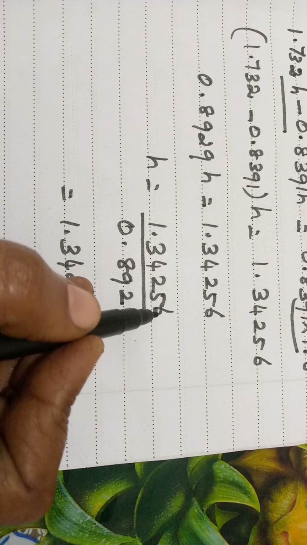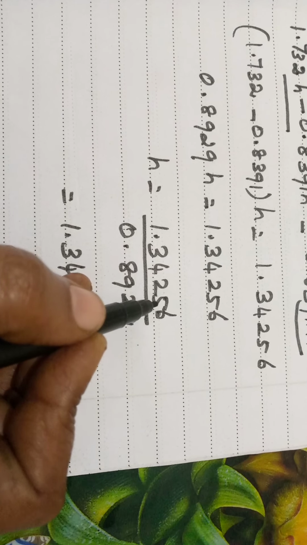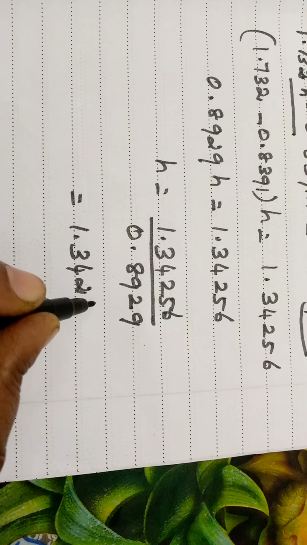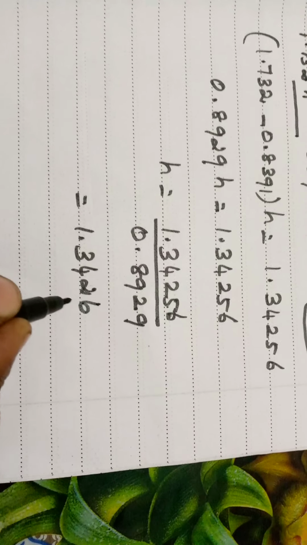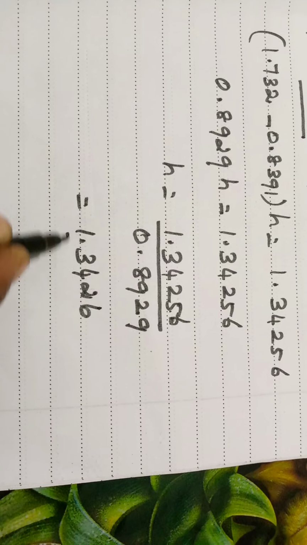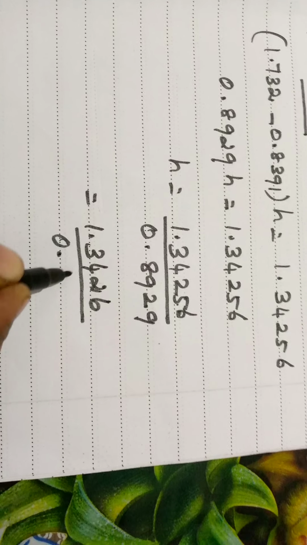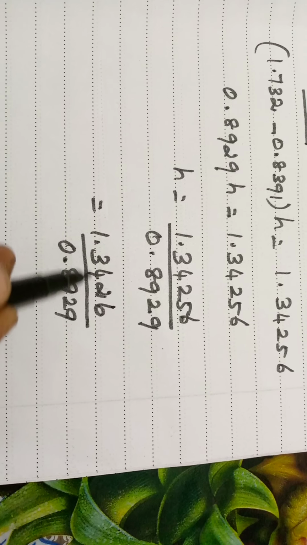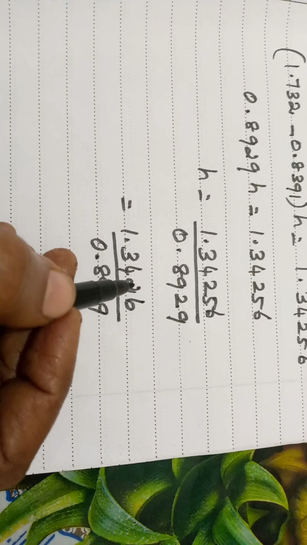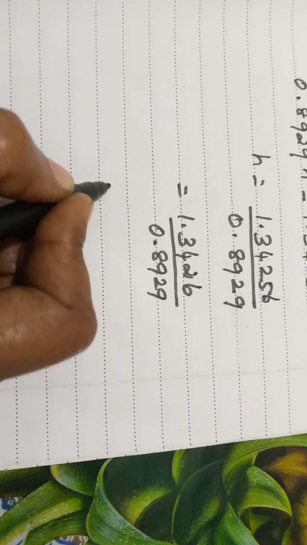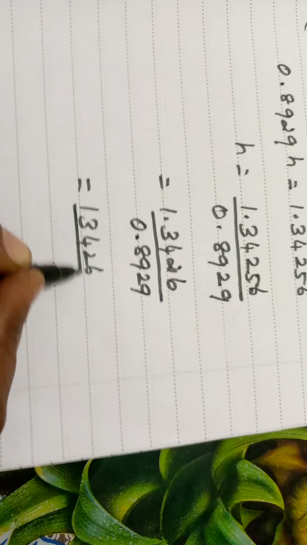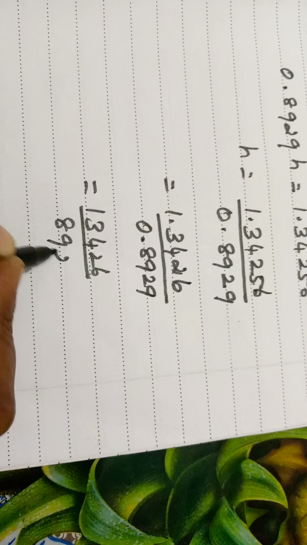Here the last digit is more than 5, so 1 is added to the before digit, so it can be written 1.3426 divided by 0.8929. To cancel this decimal, here 4 decimal digits are there, so up and down multiply by 10,000, so it will become 13426 by 8929.